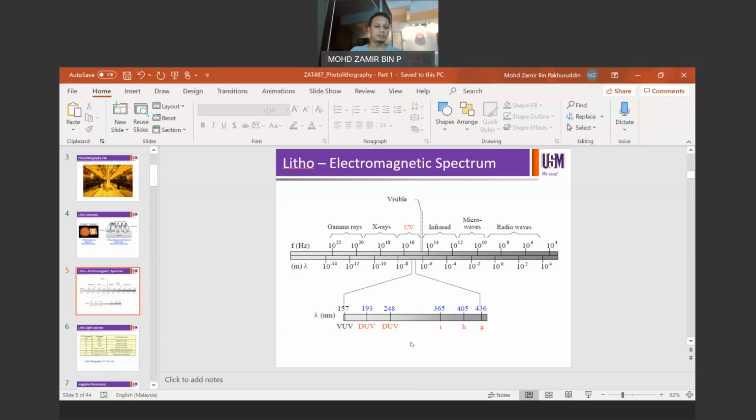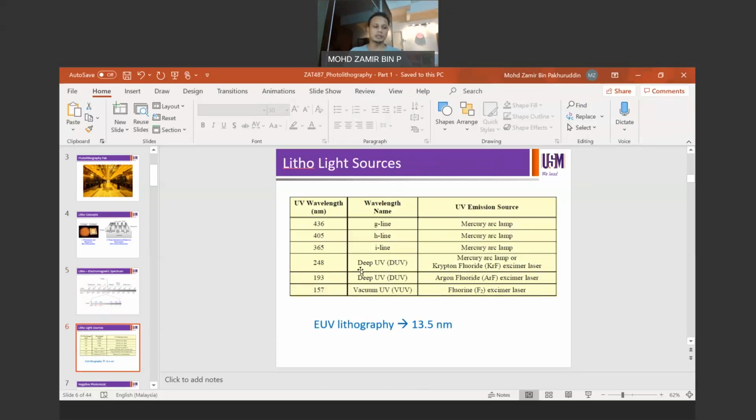So these illumination sources or wavelengths can also be summarized as what you can see in this table. 436 belongs to G line, which uses mercury arc lamp as the illumination source. 405 H line also uses mercury arc lamp. 365 I line also uses mercury arc lamp. When we move to 248 or DUV, the system uses KRF excimer laser, krypton fluoride excimer laser.